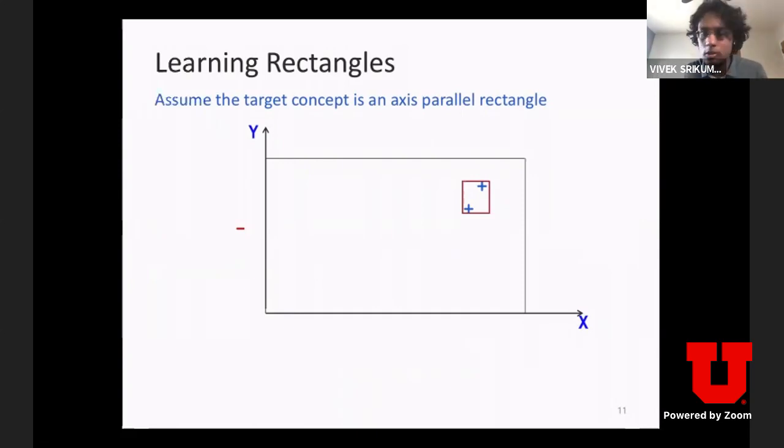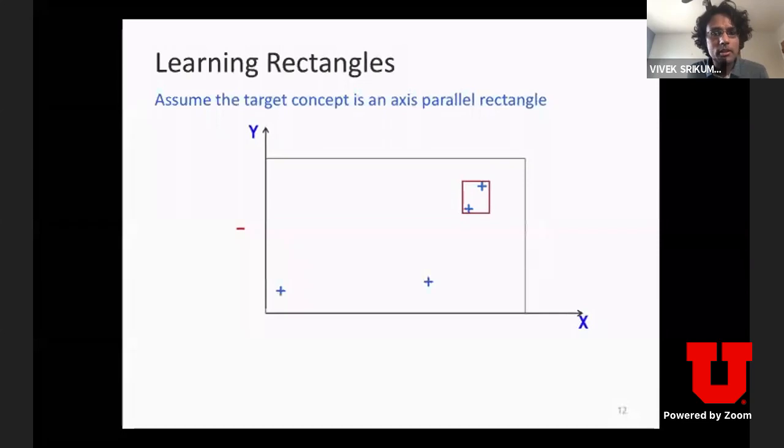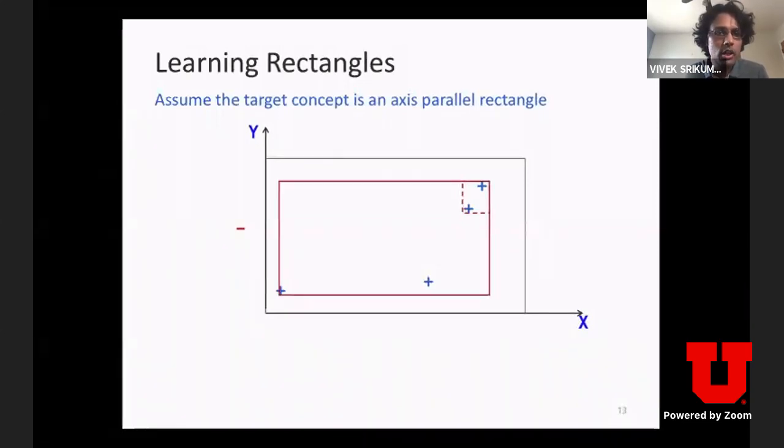This labels the entire training set perfectly. But maybe if you have a different data set with these 4 points instead of 2, you might find a larger rectangle. It's not always the case that if you have more points, the rectangle gets larger. Sometimes you might have a data set with more points and the rectangle stays the same.